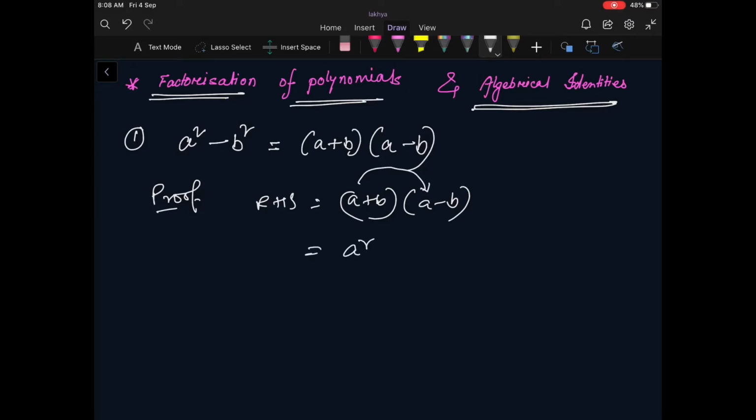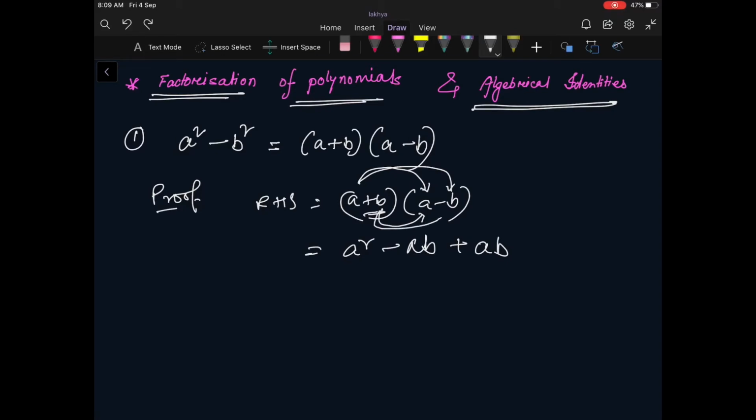So a into a is a square, then a into minus b is minus ab, then b into a, you can write ba, but ba and ab are the same, so instead of writing ba we will write ab. Here b is positive and a is also positive. The sign is not mentioned, that means it is positive.